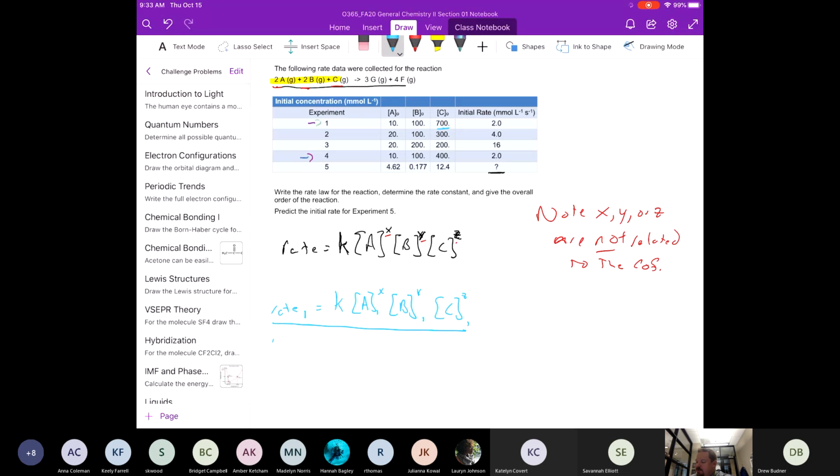And we're going to divide this by the rate of experiment 4, the rate constant, and the concentration of A in experiment 4, concentration of B in experiment 4, and the concentration of C in experiment 4.